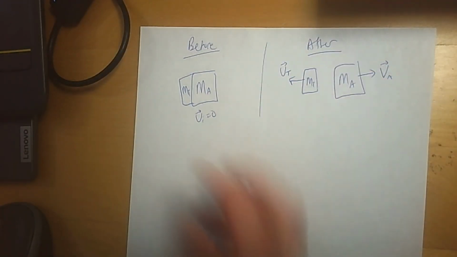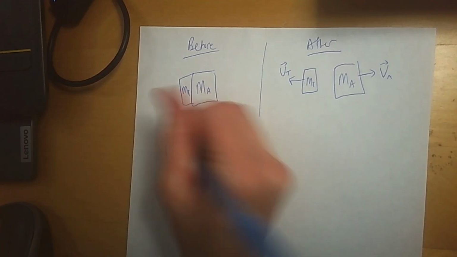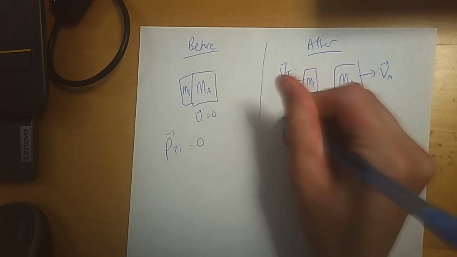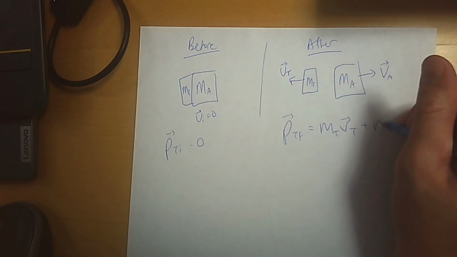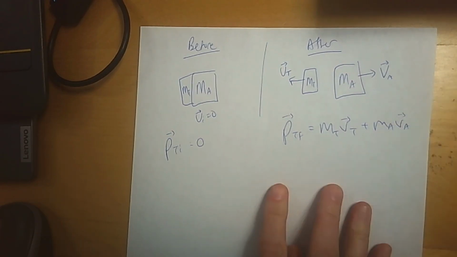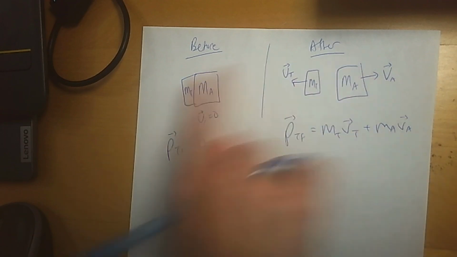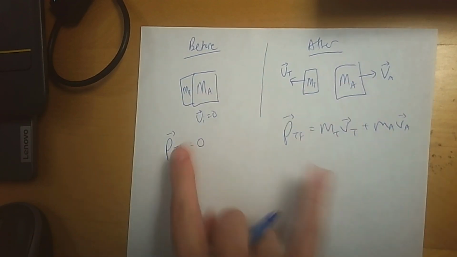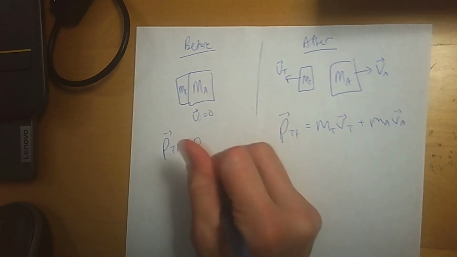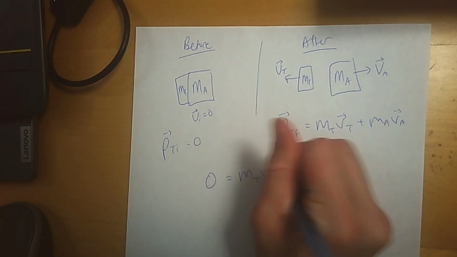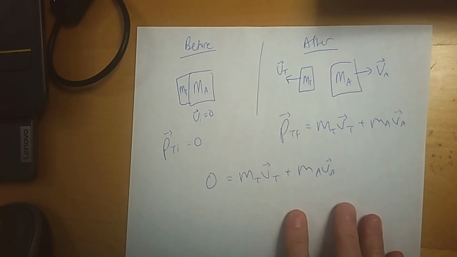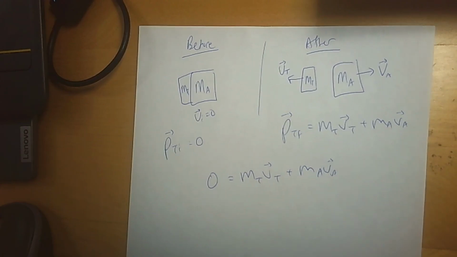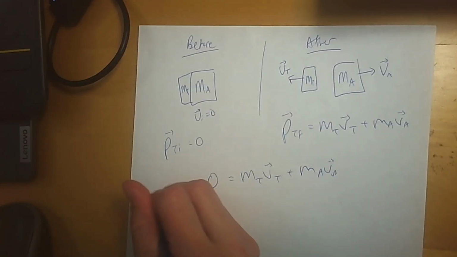So what I'm going to do is write out an equation for the total initial momentum, that's 0, and one for the total final momentum, so MT VT plus MA VA. And now I know that this is linear, right? This is a long straight line. These things are equal to each other then. So 0 equals MT VT plus MA VA. And I have some knowns, which I should write down.